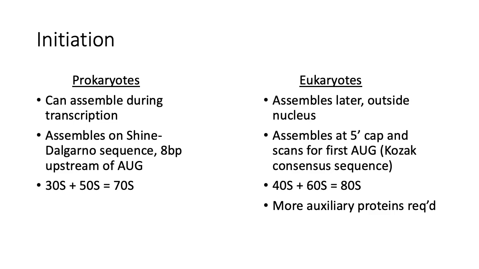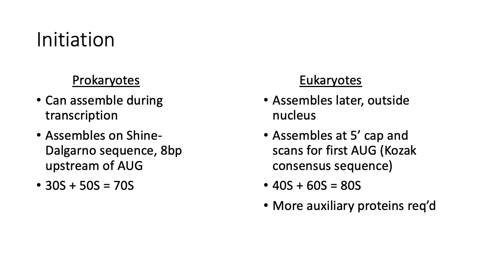Now, how the ribosomes work, how they function, is the same, with minor differences, but how they load onto the mRNA is different. In eukaryotes, the ribosome assembles, because the ribosome, remember, is a complex of multiple proteins and RNAs, at the 5' cap.